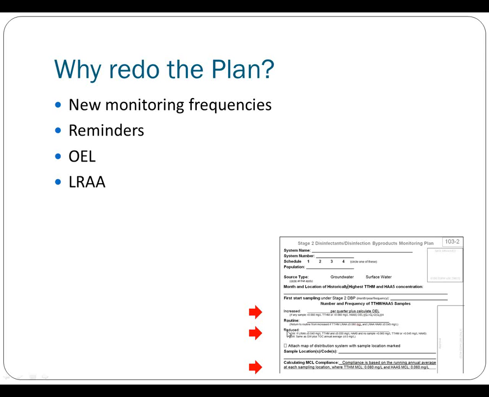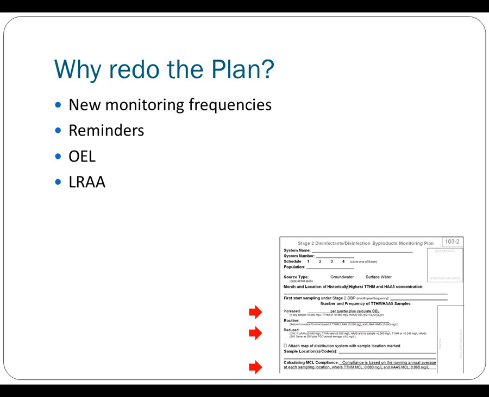We also improved the plan so that it has reminders of what would move your water system monitoring from, say, routine to increased or to reduced, and what kind of results you would need to be able to stay on reduced monitoring. There's a concept called an operational evaluation level that is explained in the plan and is noted when your water system would have to do this operational evaluation.